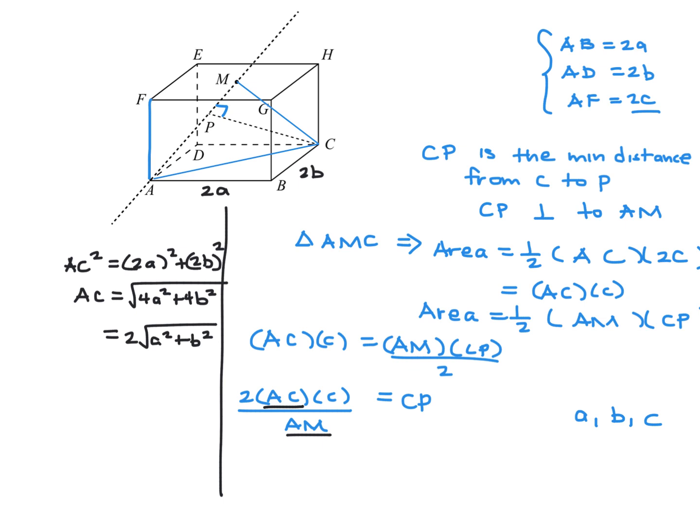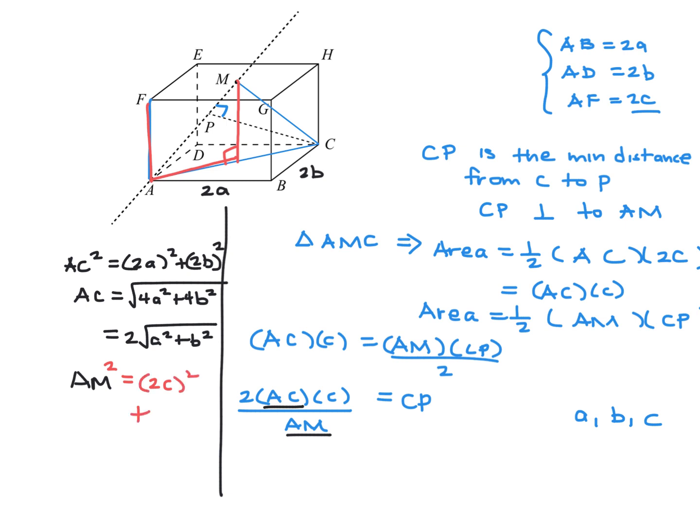Yeah. And then AM, that one, well, how do I do that? Let me think about this. Okay. I think I know. You just drop it down and then use that as Pythagoras right there. So AM squared would be the top to bottom distance, which is the same as AF, which is 2C squared.